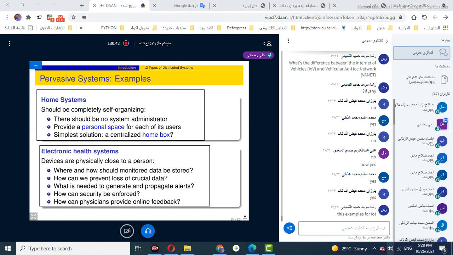And VANET, or vehicular ad hoc networks, as you wrote, is the basic form of inter-vehicle communications.